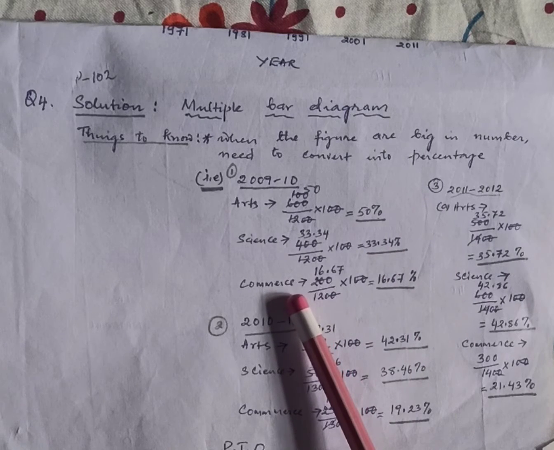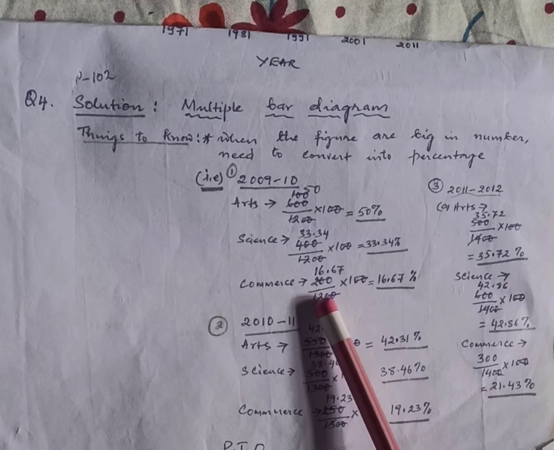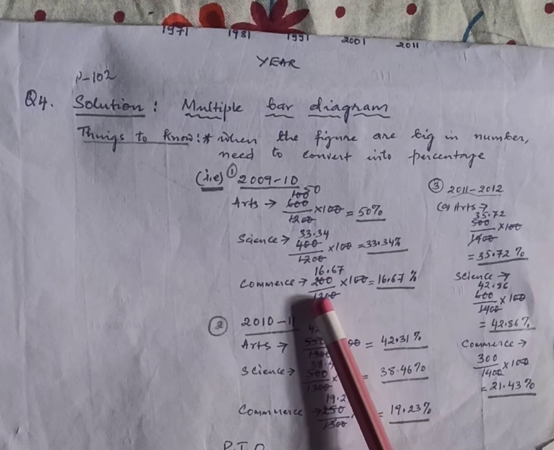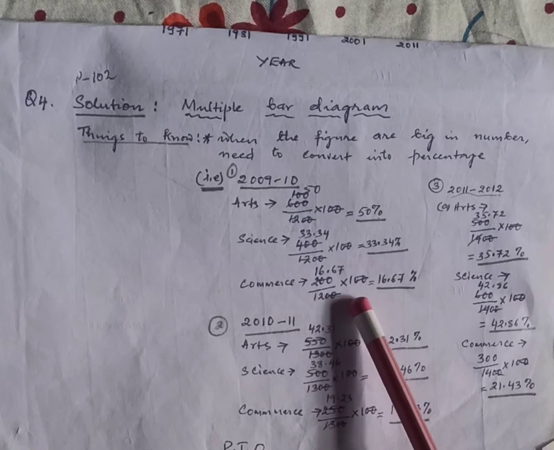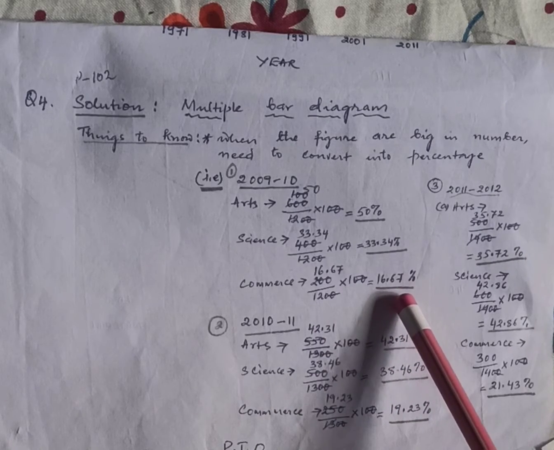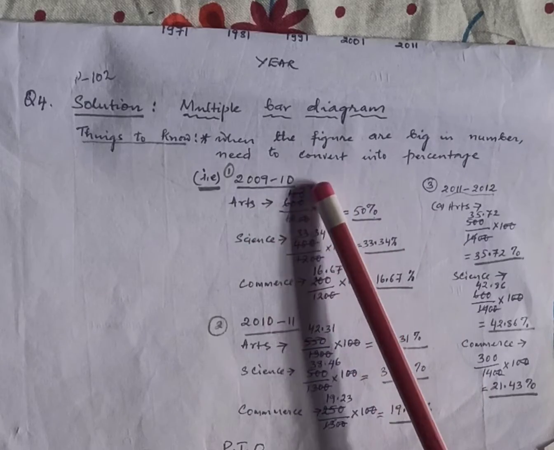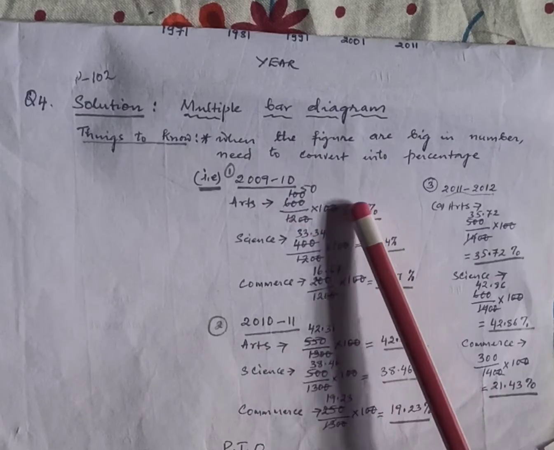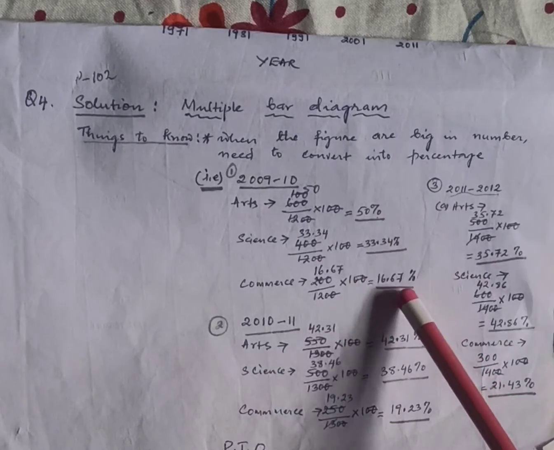And commerce in 2009-10 is 200, so 200 divided by the total faculties, 1200, into 100. So I got 16.67%. This is 2009-10, converting each faculty into percentage.